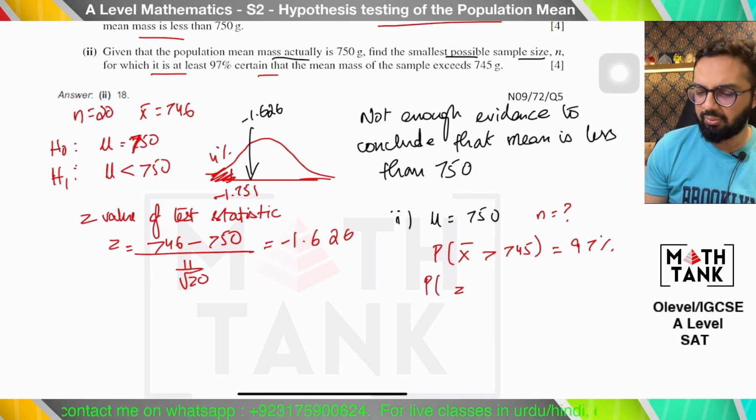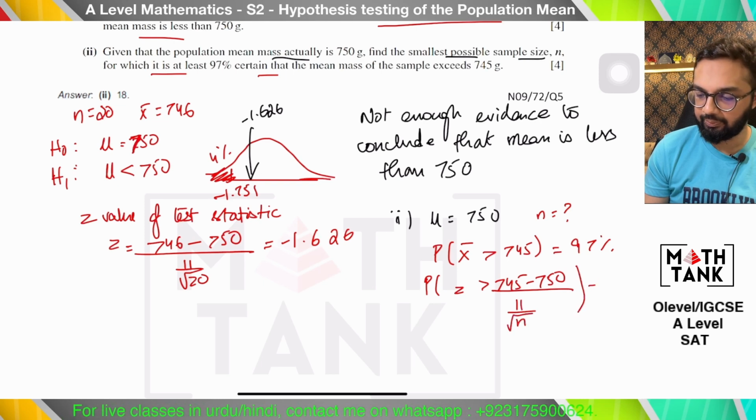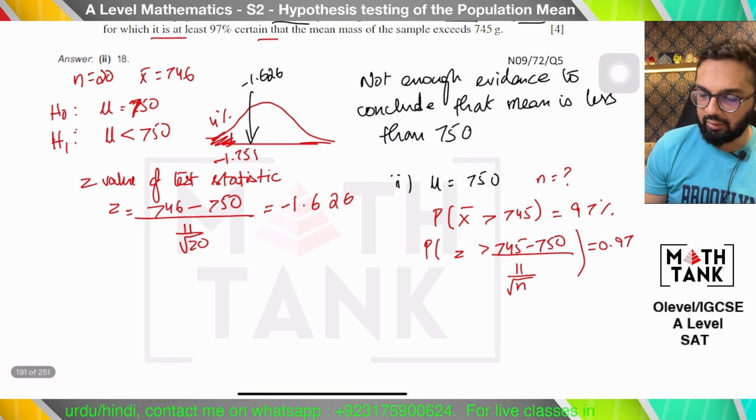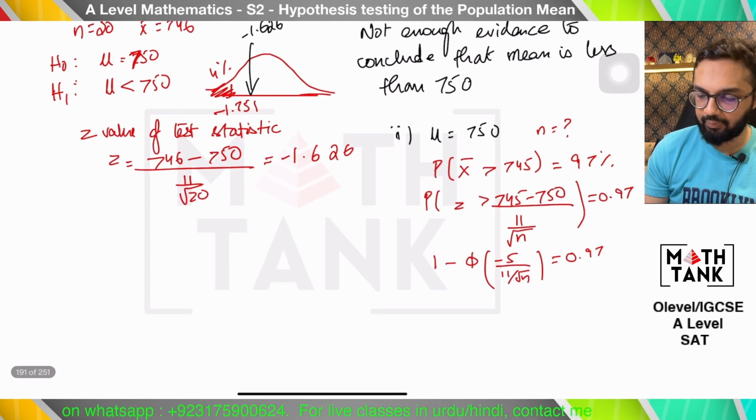It's a simple sampling question rather than a hypothesis testing question. Okay, that's what's unknown. So I'm going to say that this becomes 1 minus phi of minus 5 over 11 root n equals 0.97. 1 minus 0.97 equals phi of minus 5 over 11 over root n.